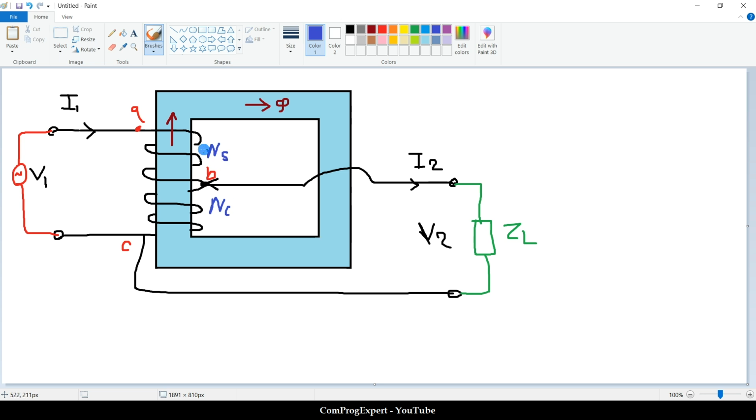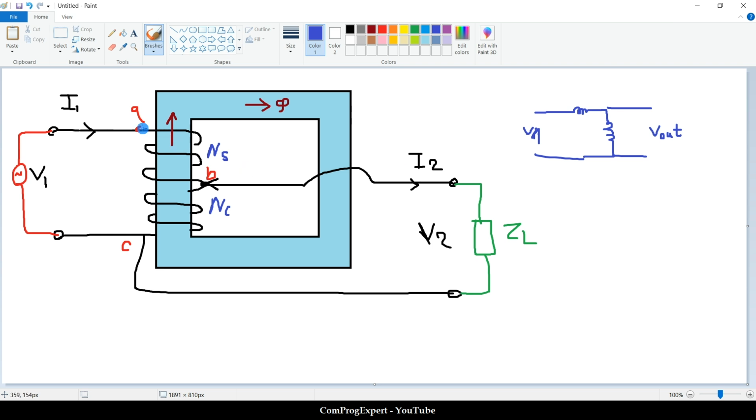So here we have V1, and this is the number of series turns, and this is the number of common turns. This is V out. This is common between V1 and V2, but this is in series with V1 only.